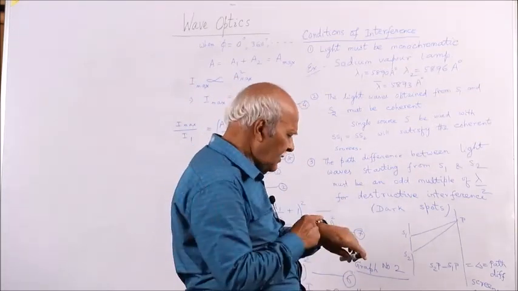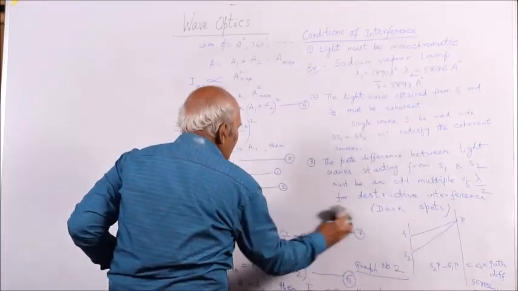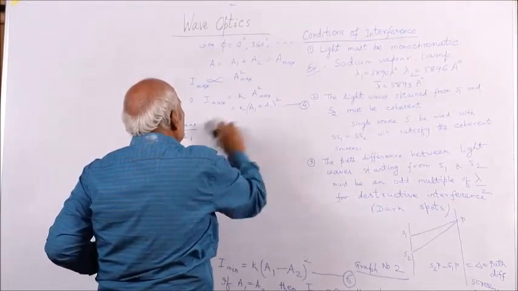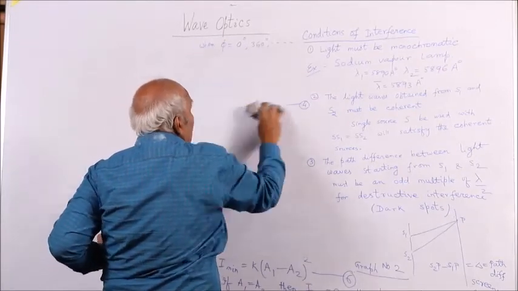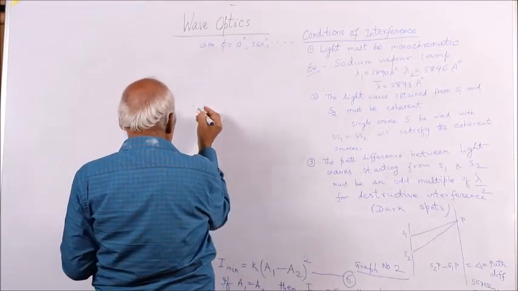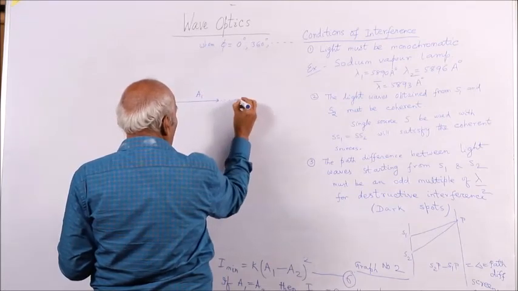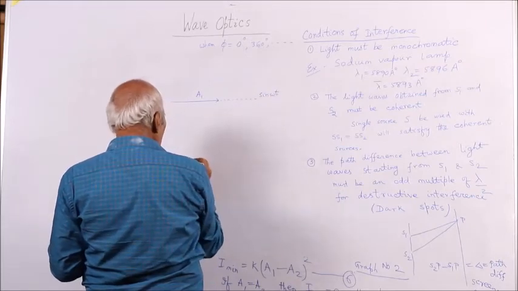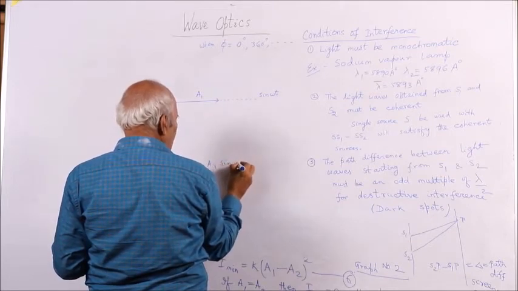This can be derived very easily by means of a vector diagram. Because there is a wave, the amplitude behaves like a vector. Say the wave from S1 is given by the equation A1 sin omega t.